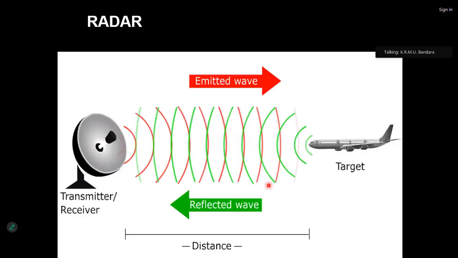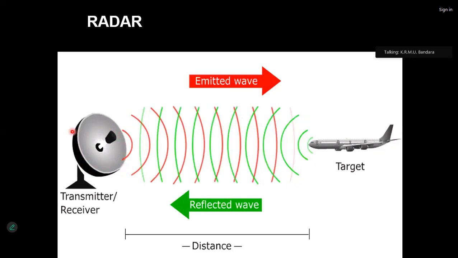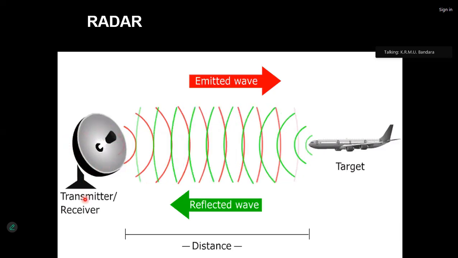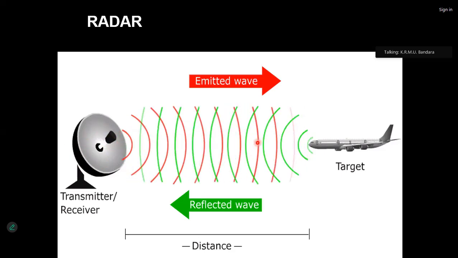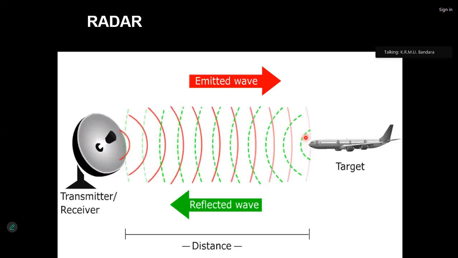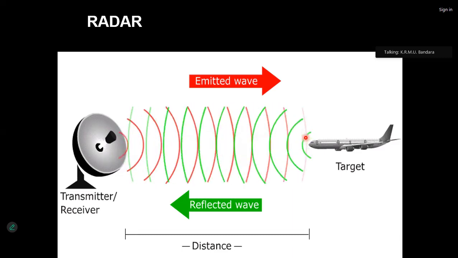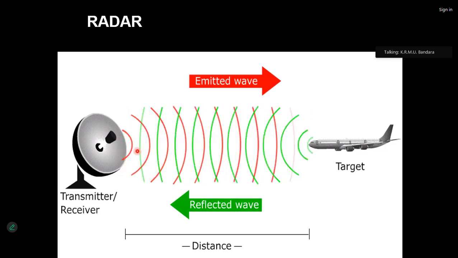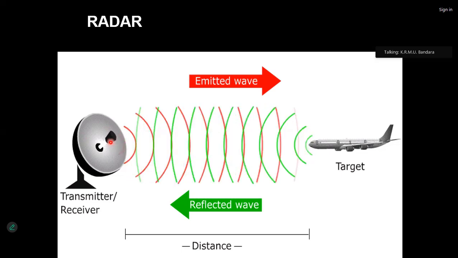How it is happening is, this is the sensor, the transmitter as well as the receiver. Both are the same. The red part is sending the radio waves to space, and if there is an object, touching the object and reflecting, part is reflecting back to the sensor or the transmitter.